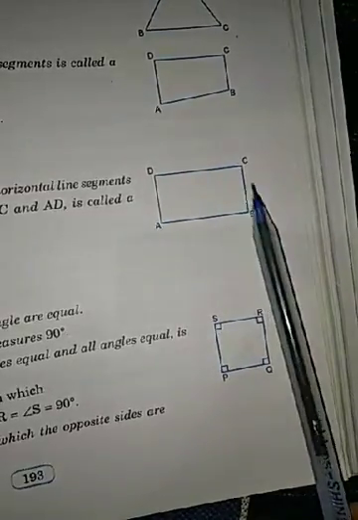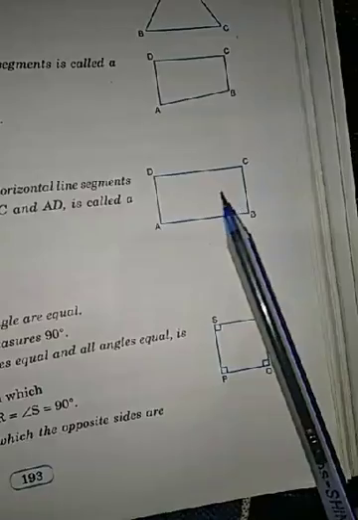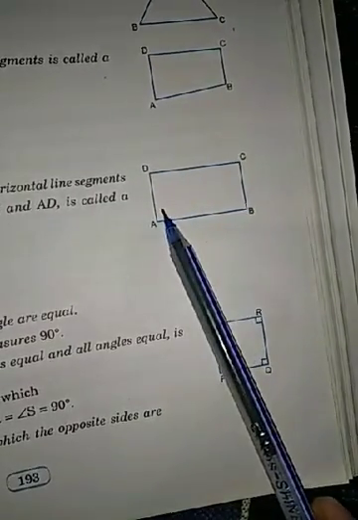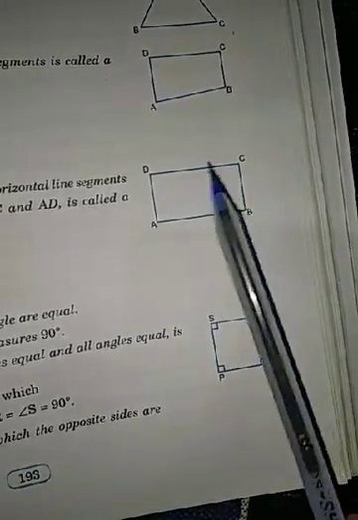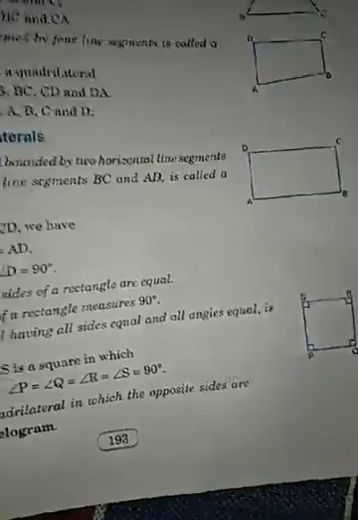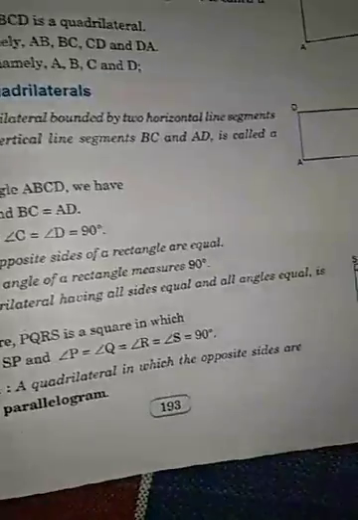So AB is equal to CD and BC is equal to AD. Each angle is 90 degrees: angle A is equal to angle B is equal to angle C is equal to angle D. The opposite sides of a rectangle are equal, and each angle of a rectangle is 90 degrees.